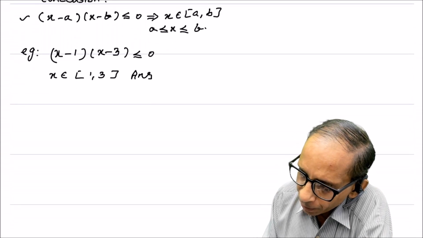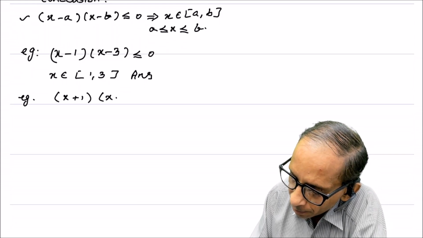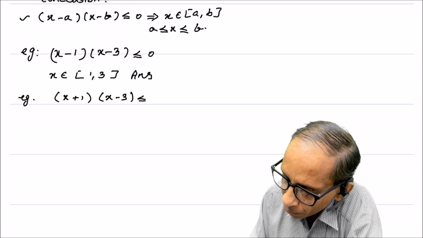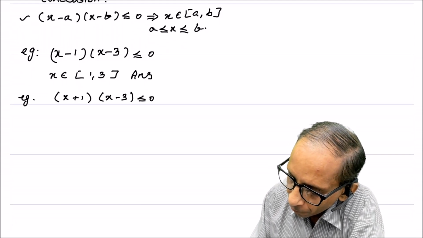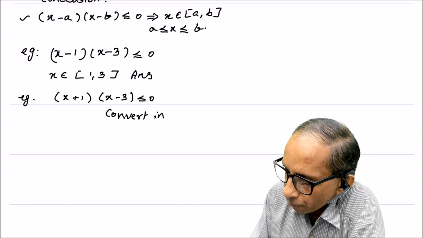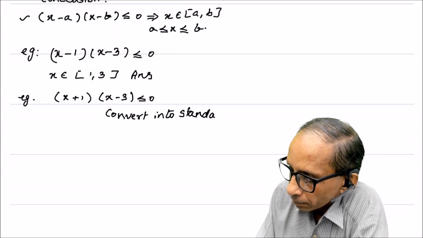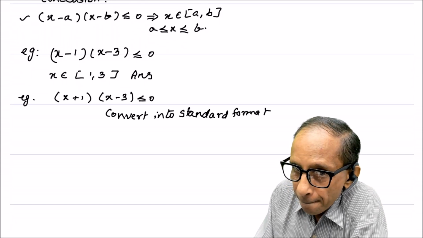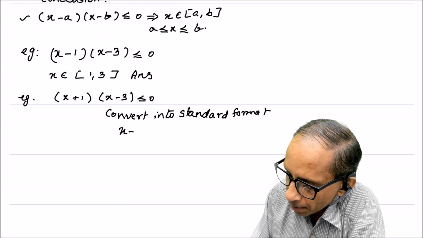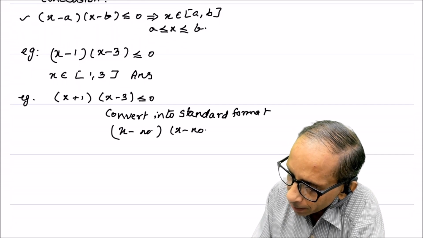If we take a slightly different example, (x plus 1) into (x minus 3) less than or equal to 0, then we have to convert it into the standard form. What is the standard format? x minus a number, x minus another number.